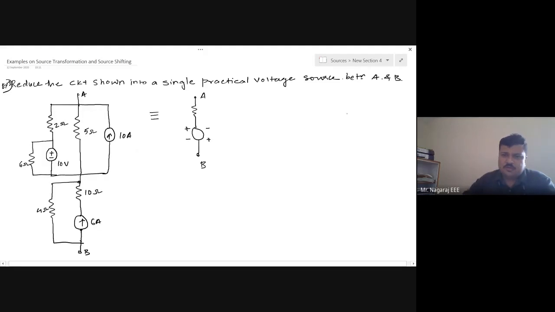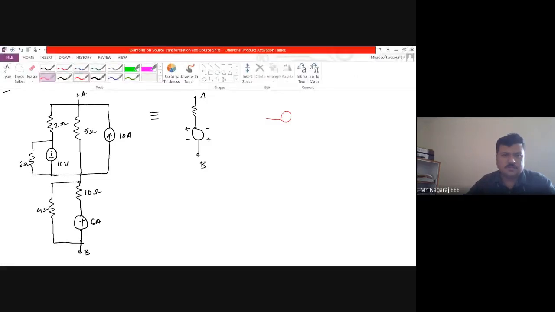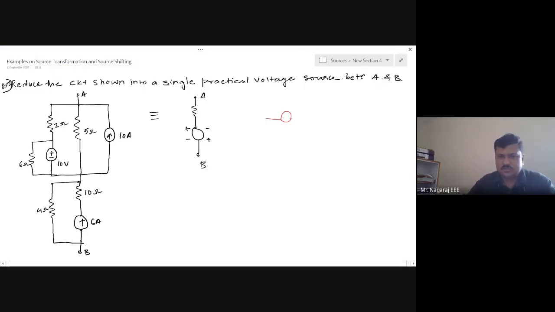Now we know that if I have a current source, say a terminal of the current source, let this be X, and the direction of current is in this, say for example 10 amperes.